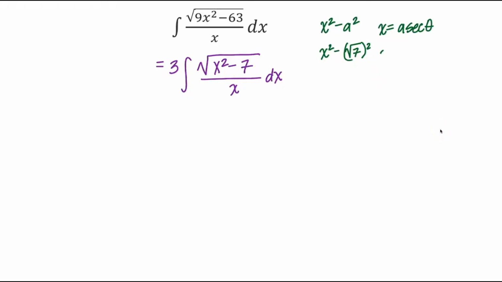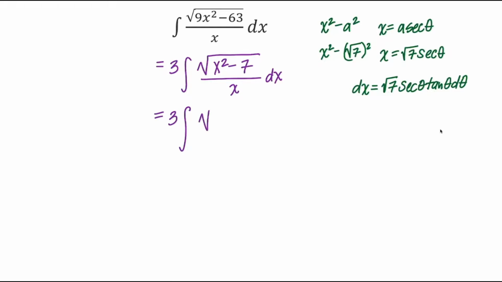So our x will be the square root of 7 secant theta, and now dx will be the square root of 7 secant theta tangent theta d theta. So let's make our replacement. We're going to go ahead and have 3 times the integral of the square root of x squared.